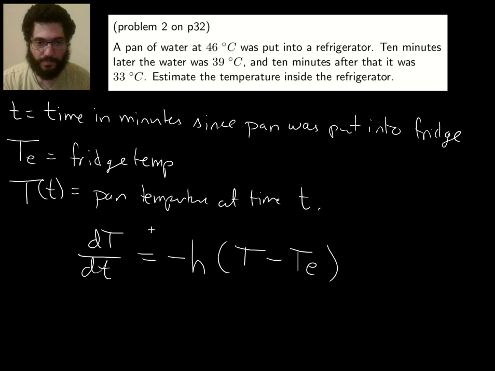Now we saw that this is a separable differential equation. So I'm going to separate, but not to just go and solve. I'm not going to go all the way. I'm only going to separate.